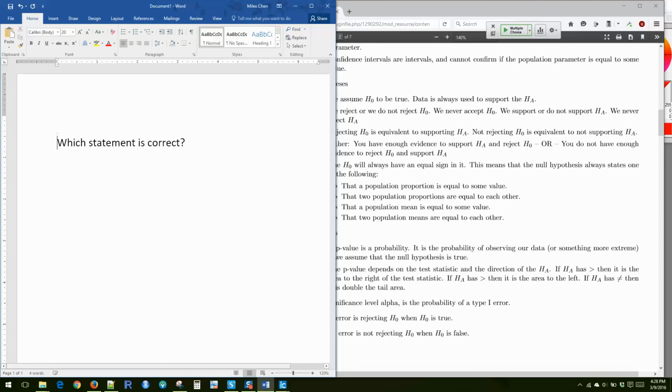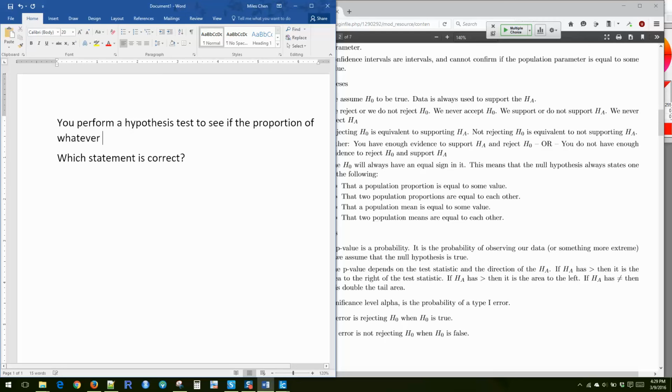The question will be: you perform a hypothesis test to see if the proportion of whatever is less than 75%, 0.75. The p-value for this test is 0.01.